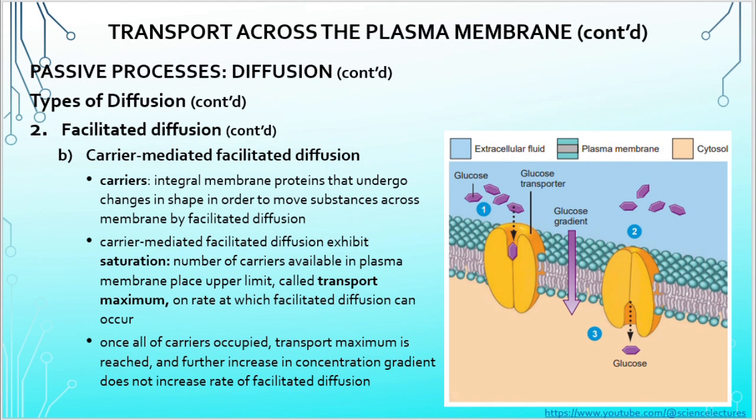Once all of the carriers are occupied, the transport maximum is reached, and a further increase in the concentration gradient does not increase the rate of facilitated diffusion. So carrier-mediated facilitated diffusion exhibits a kind of saturation.